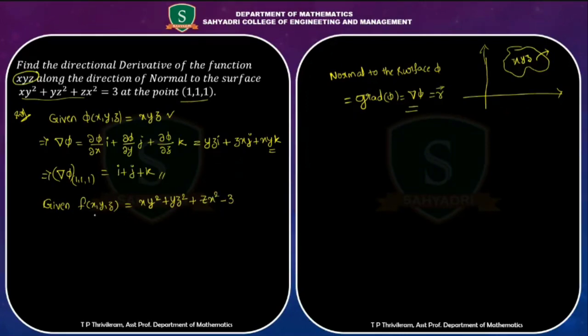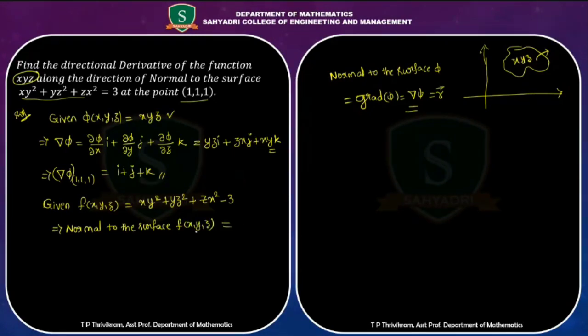I am taking f of x, y, z as this much. Okay. Implies normal to the surface f of x, y, z.